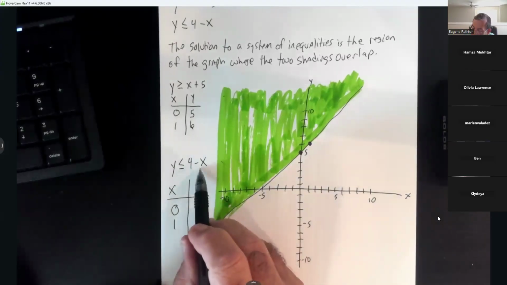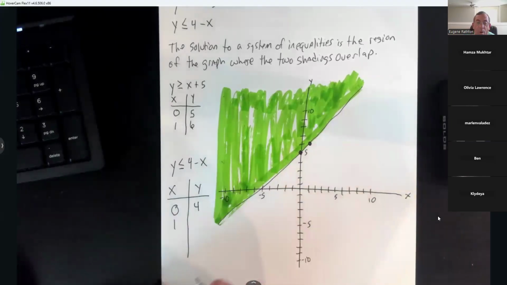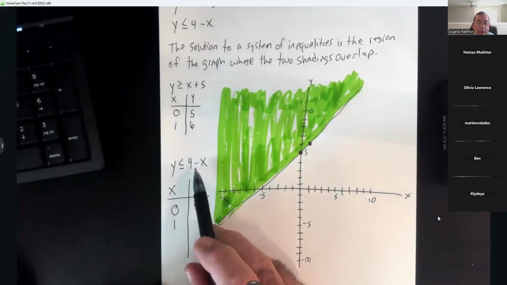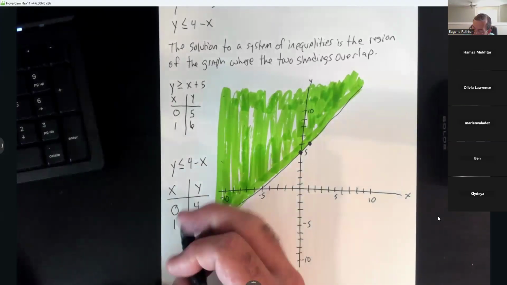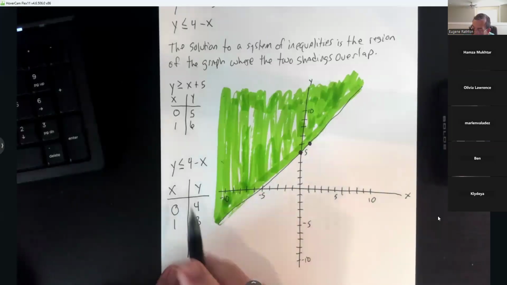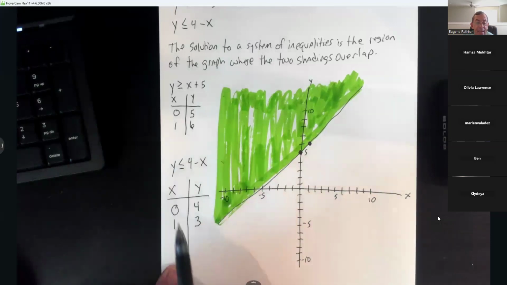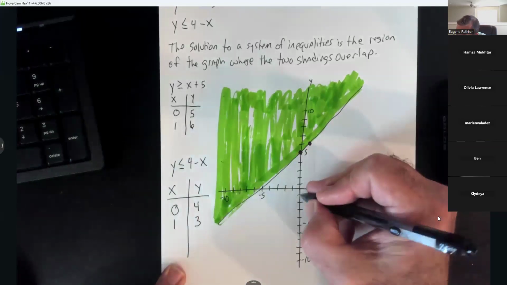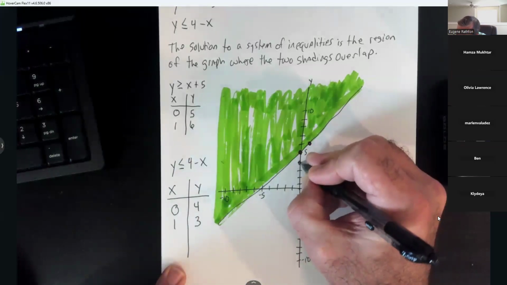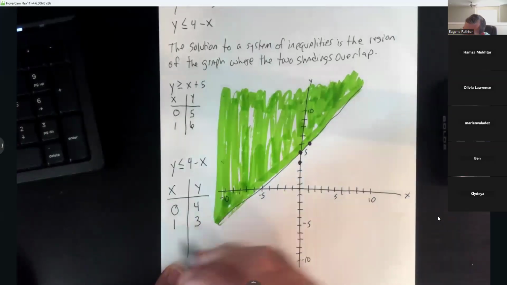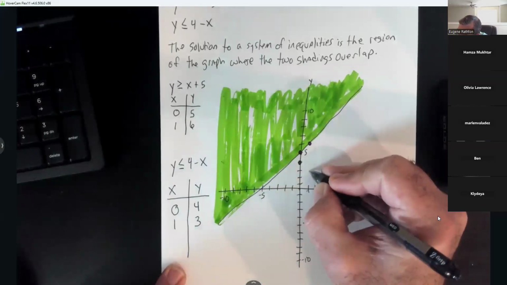So 0, 4 minus 0 leaves me 4. Then if I put a 1 in there, 4 minus 1 leaves me 3. This is a solid line again, and it's less than. So let's plot our points. We had 0, 4, and then I had right 1, up 3.